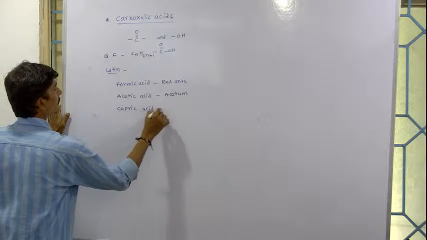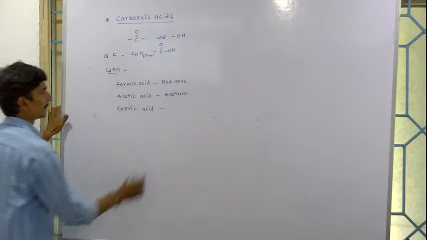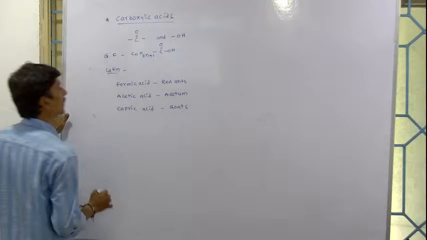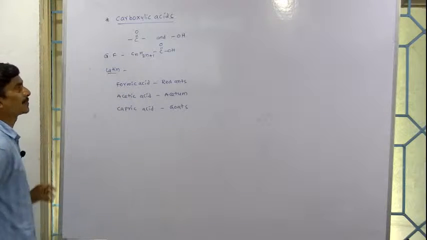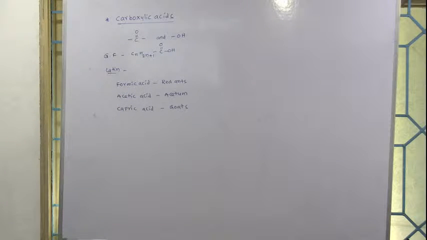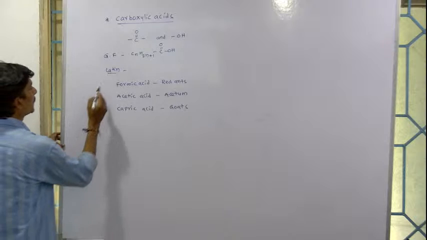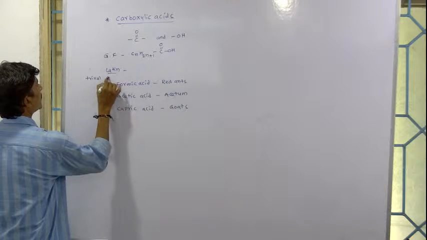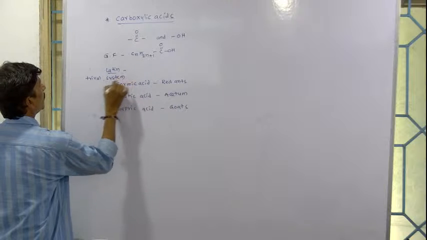Capric acid obtained from the goats. So these are the Latin names which are used for the carboxylic acid in the olden days. That's what we can call as tribal names. These are known as the tribal system of nomenclature.